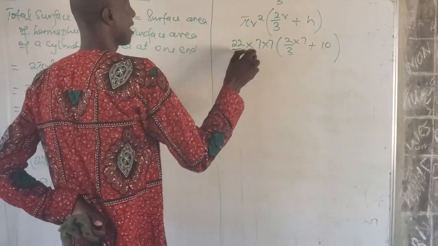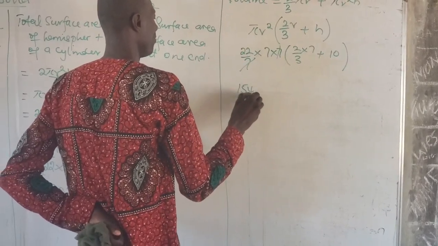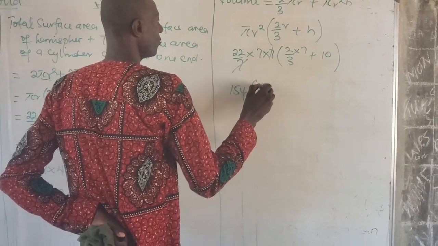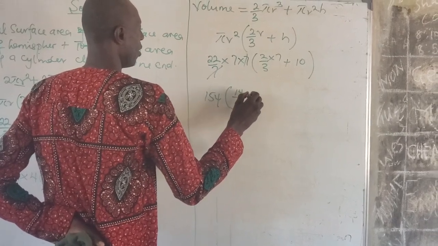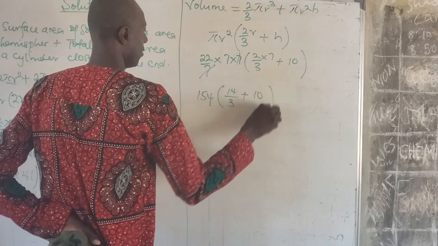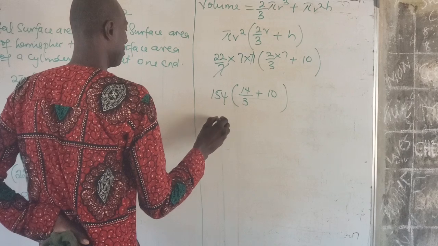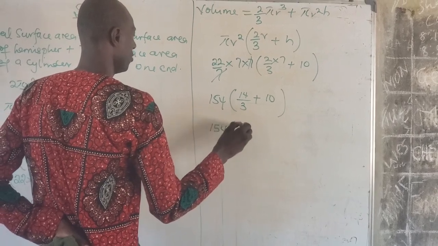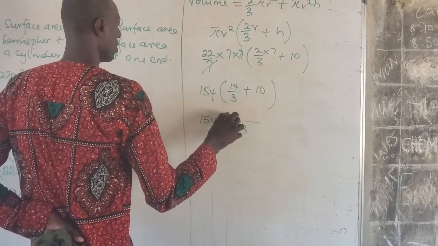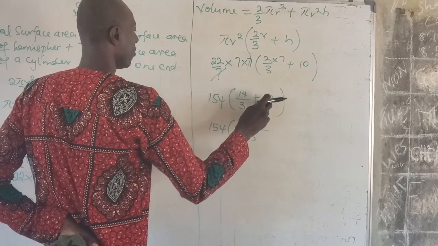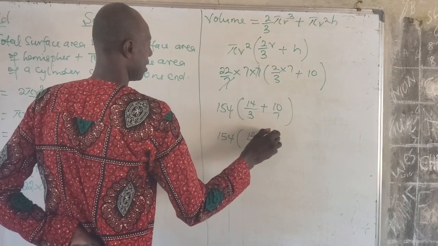So now, this can cancel one of these. This gives us 154 into 14/3 plus 10. Now, I can either work here or simplify. Okay, let me simplify. The LCM is 3. 3 divided by 3 is 1. 1 times 14 is 14. 1 divided by 3 is 3. 3 times 10 is 30.